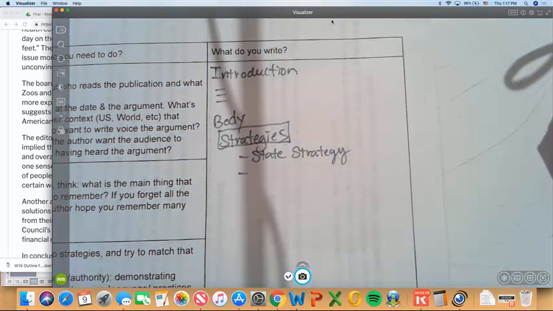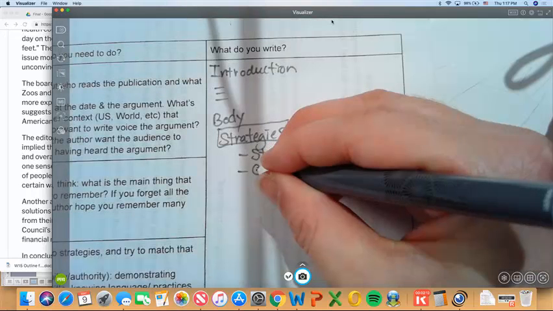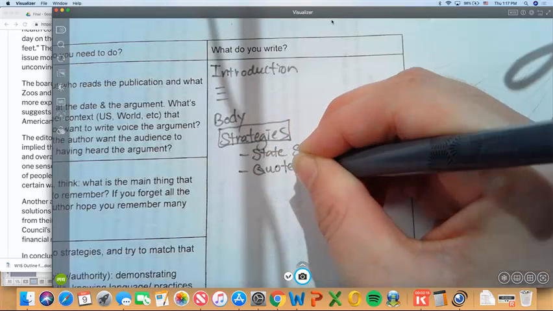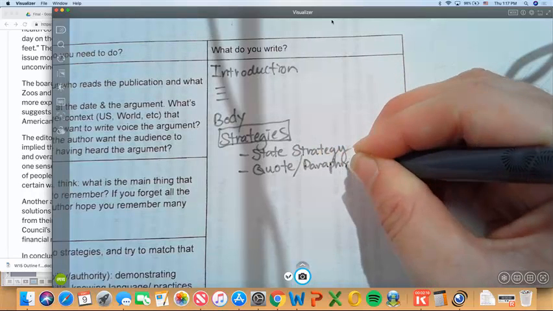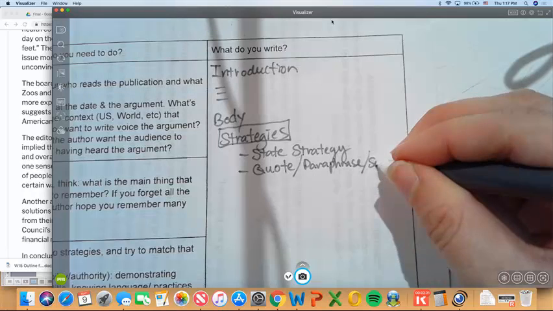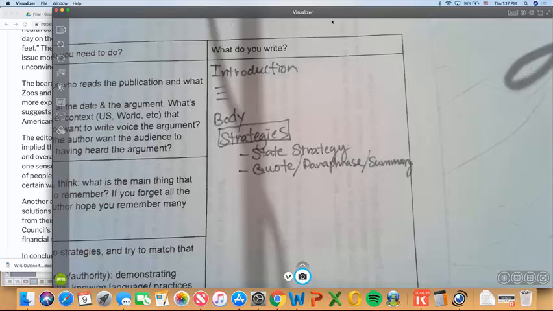And then the next thing you're going to do is that quote. You can also use a paraphrase or summary that points to the text about where you are getting that strategy, what demonstrates that strategy.